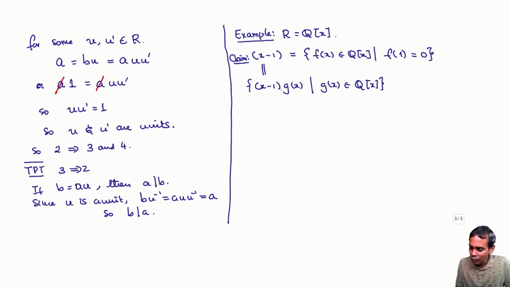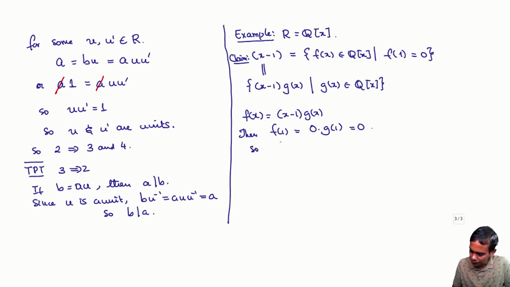But for any polynomial of this kind, if I take f(x) equals (x minus 1) times g(x), then f(1) is 0 times g(1), which is 0. So the left hand side is contained in the right hand side.